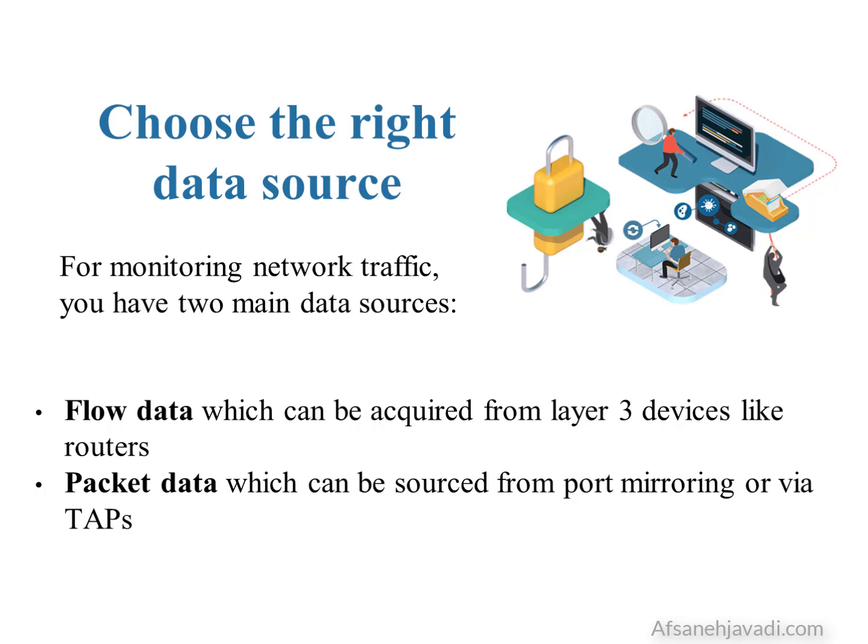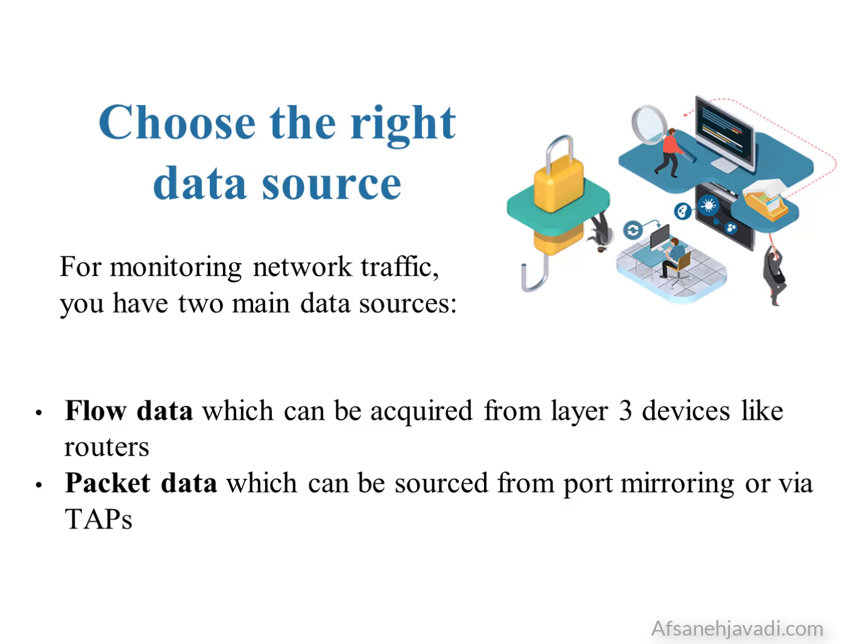Now we want to monitor the traffic, but there are two important things we should consider. The first one is to choose the right data source. For monitoring network traffic, you have two main data sources, flow data and packet data.